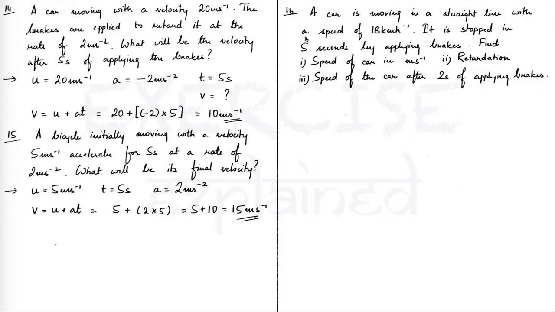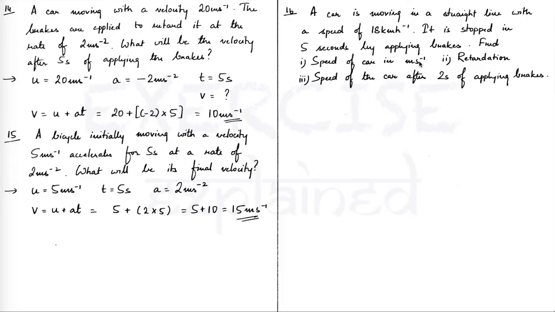It is stopped in 5 seconds. So when it is given in the question, it is stopped, that means that final velocity will be 0. The time taken for it to stop is 5 seconds. We need to find the speed of the car in meter per second.